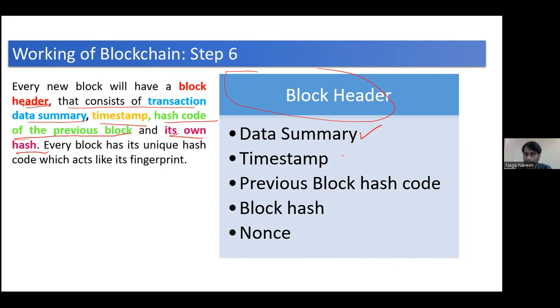Next, it will have a timestamp of what time and on what date it has been created, the previous block's hash, the hash of this particular block, and nonce. Now, every block has its unique hash code, which acts like its fingerprint, which we have discussed earlier already.